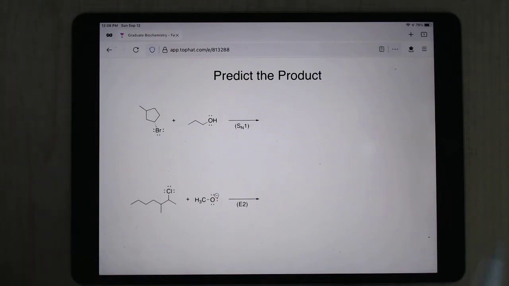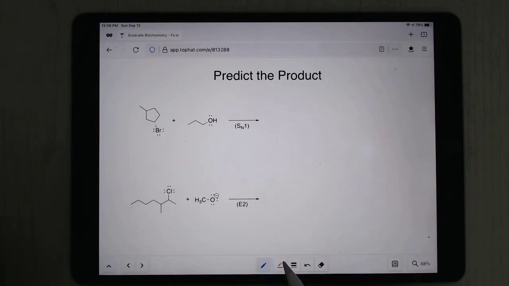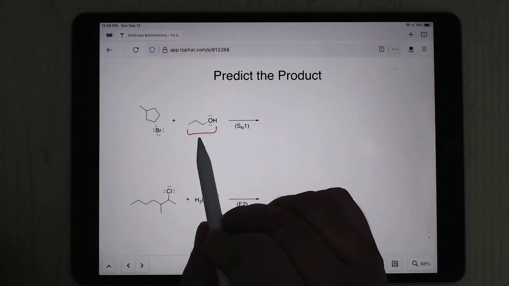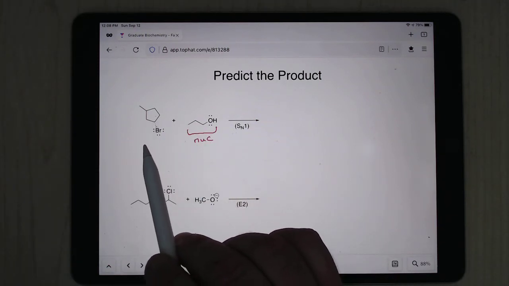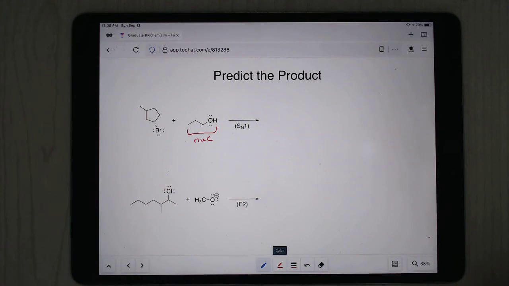So for here, you have an SN1, and so remember, you have to look for the base, or look for the nucleophile. That's actually going to be here, and you say, well, hold on, why isn't it the bromine? Well, bromine is a really poor nucleophile, because HBr is a really strong acid, so it's a terrible base.